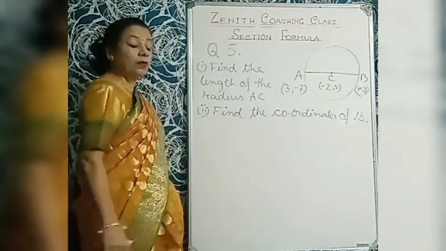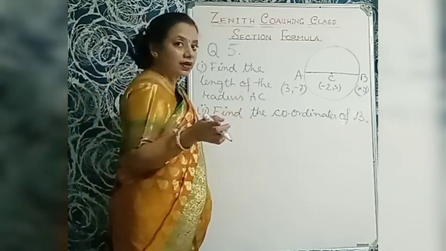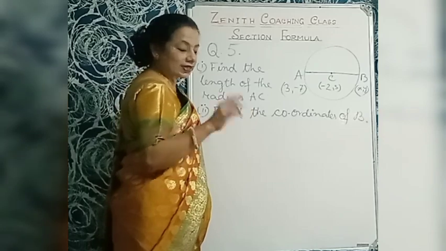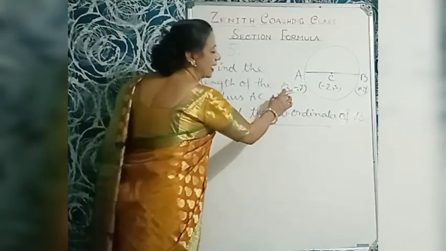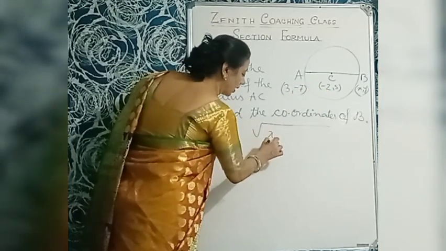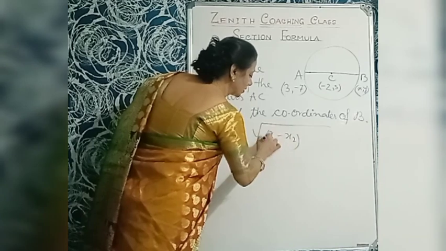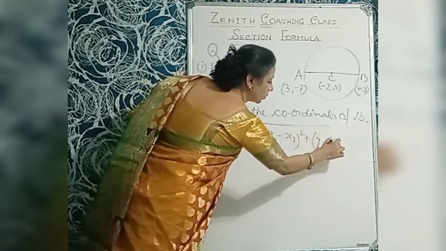What's the formula to find out the distance? You have learned it in the previous class, class 9. The formula for finding the distance, with x1, x2, y1, y2, is root over x1 minus x2 whole square plus y1 minus y2 whole square.